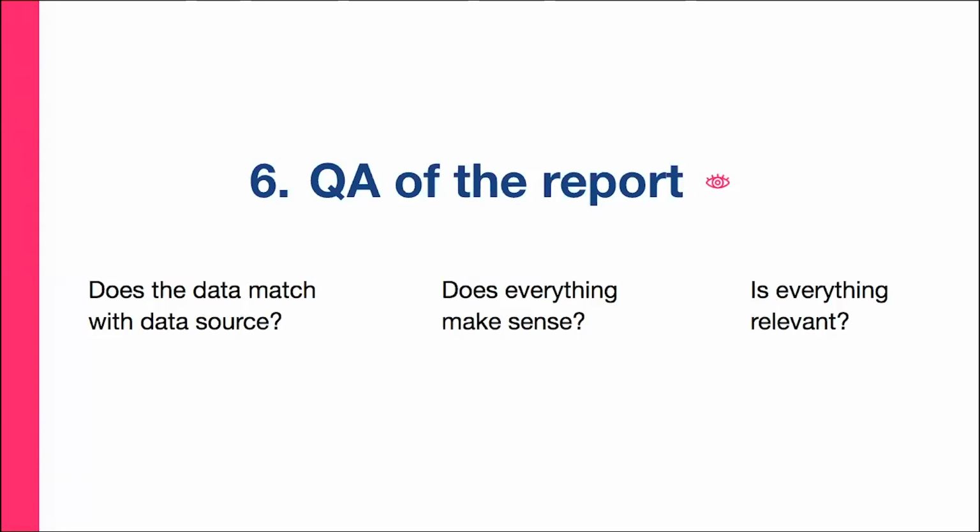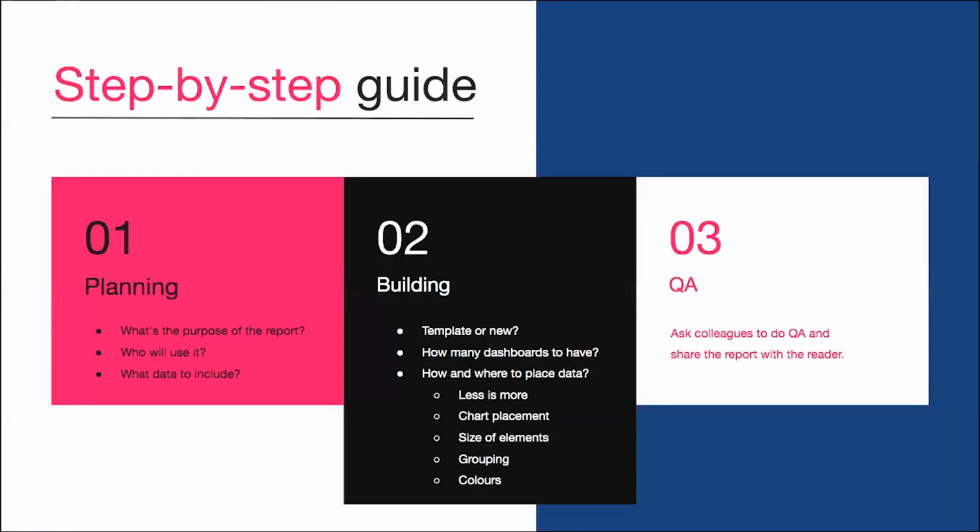And also you need to check if everything added in the report is relevant. Again, you can remember the questions the report should answer and the report's purpose, and make sure that there is no extra information added, and that the report will help you achieve its goal.